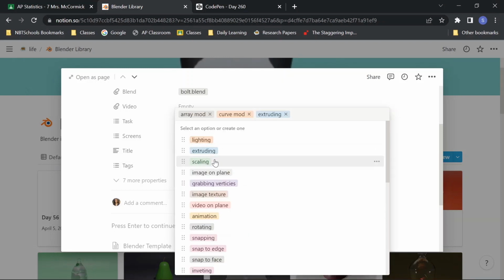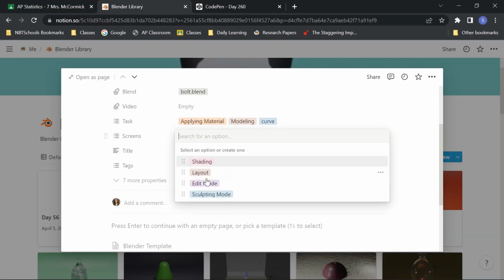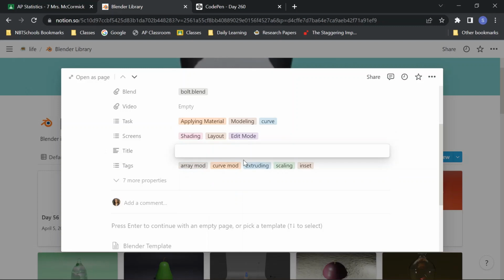Well, yeah, we did extruding, we did scaling, we also did inset. And then we also over here we did apply material, right? Title. What did we title it? Curve. Fitting object to curve. Part 2.